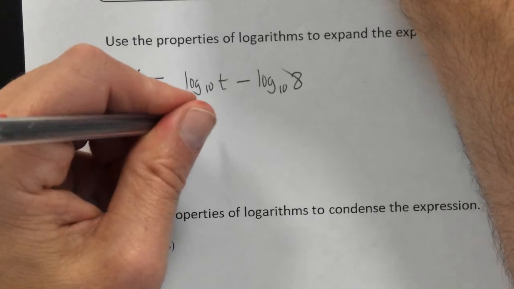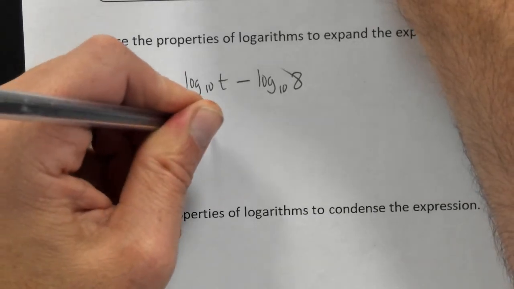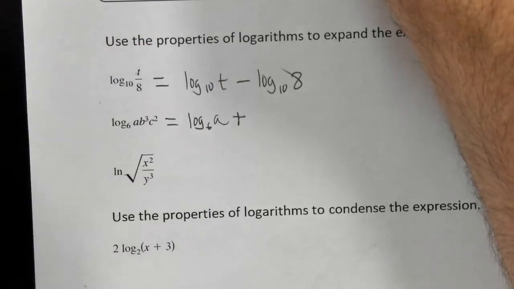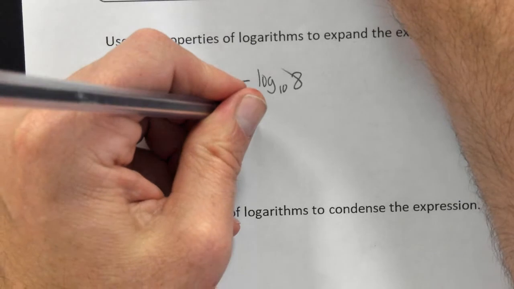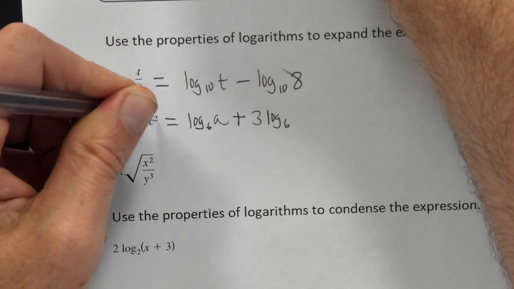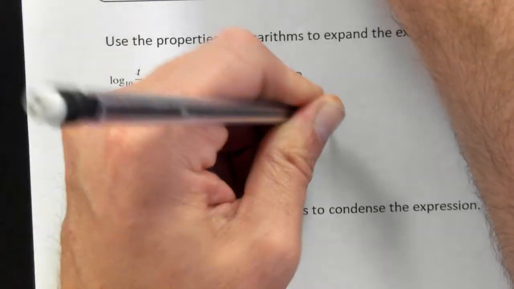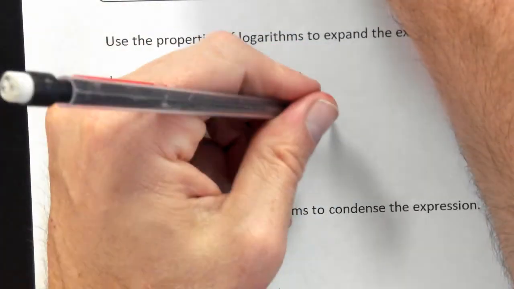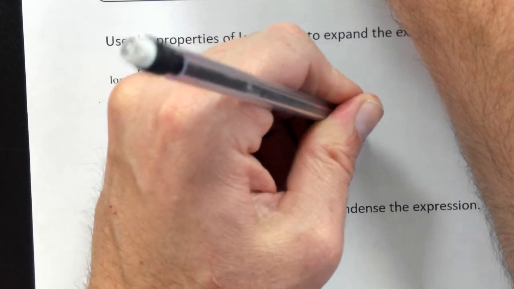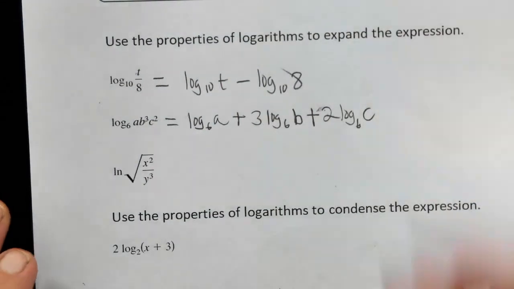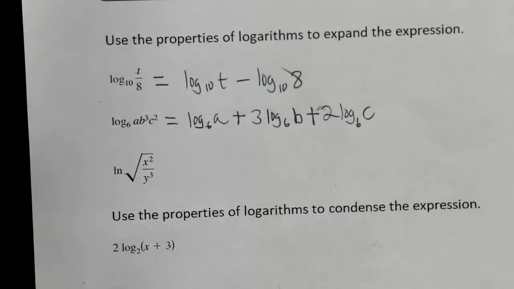So really what this is going to look like is log base 6 of A plus 3 log base 6 of B plus 2 log base 6 of C. Okay, so that's how we would expand out this particular expression.